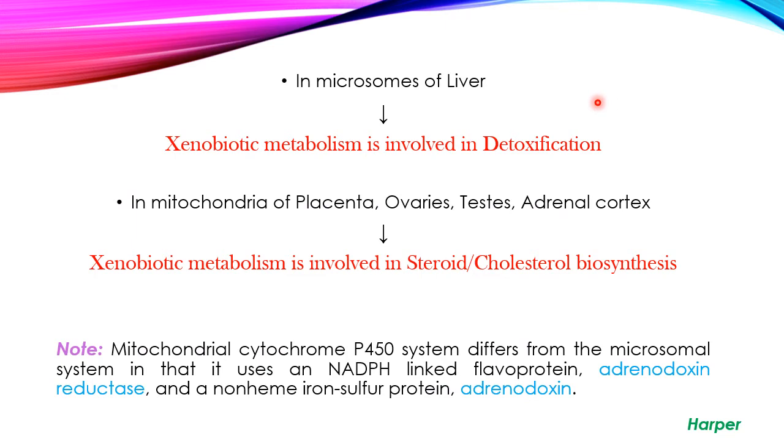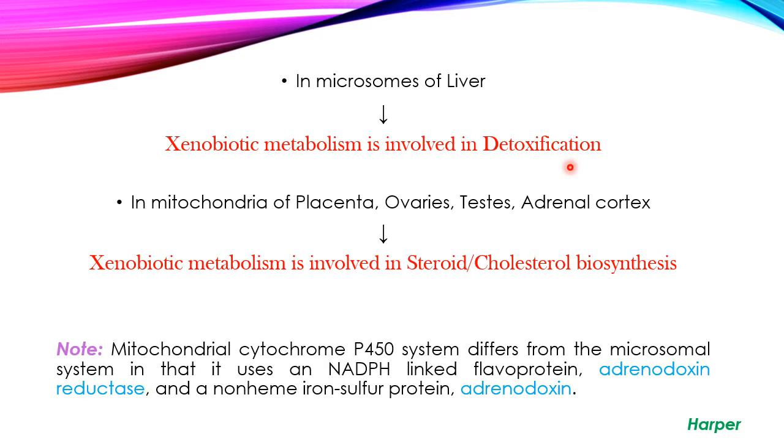Cytochrome P450 catalyzes different functions when it is present at different sites in the body. For example, if the cytochrome P450 system is found in microsomes of hepatocytes, then it is involved in detoxification mechanisms, converting harmful compounds into harmless products.